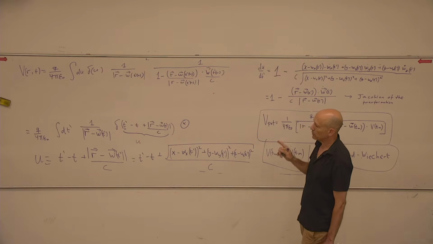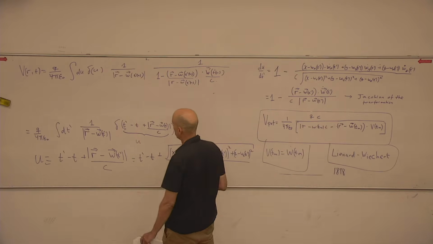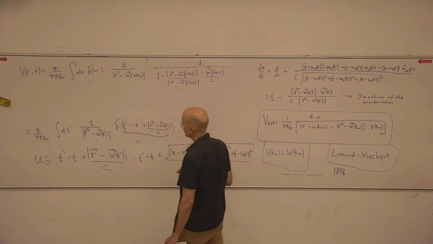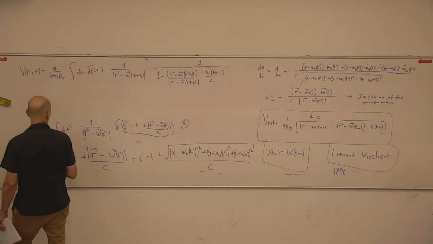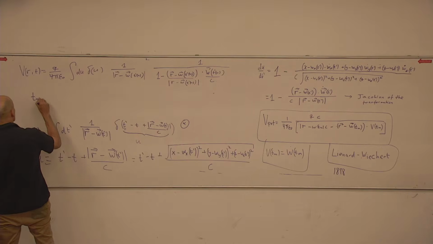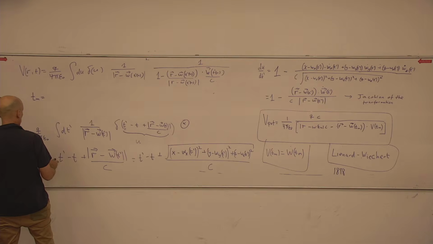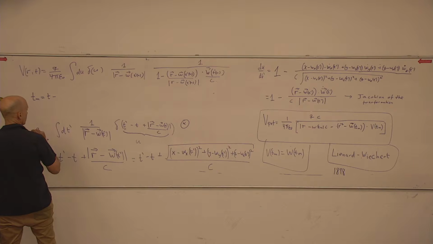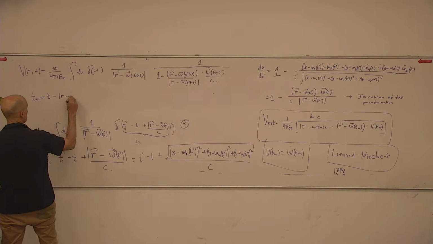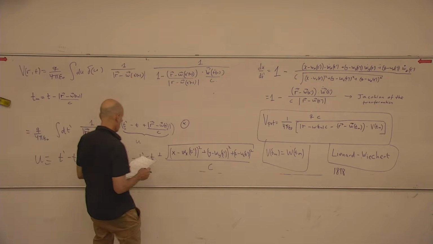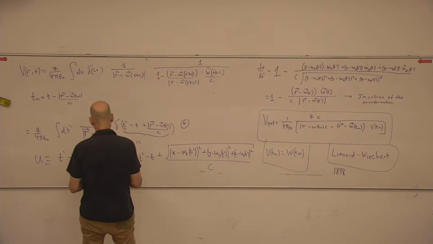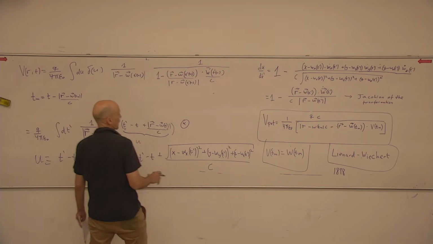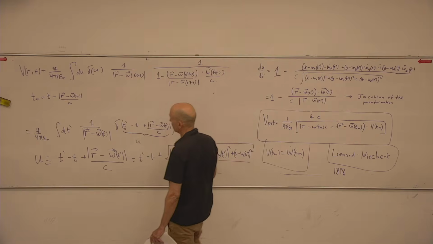The new definition of the retarded time, not over the whole space, the one that we had a few lines ago. So I define Tm, which is simply T minus R W Tm divided by C. And then after I do the integral, essentially I get this result, but I'm going to write it again.